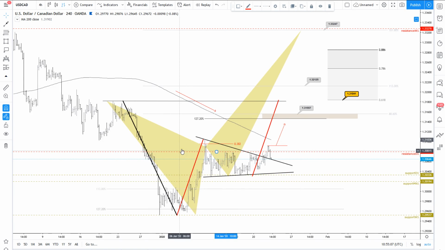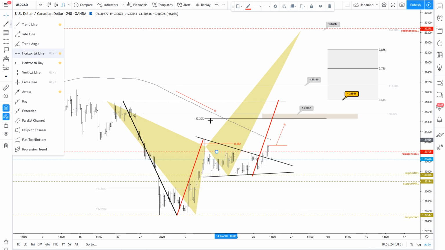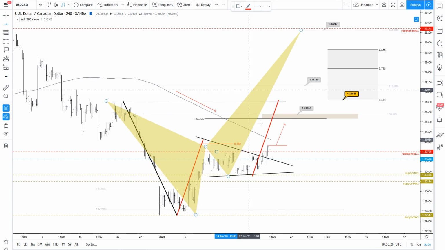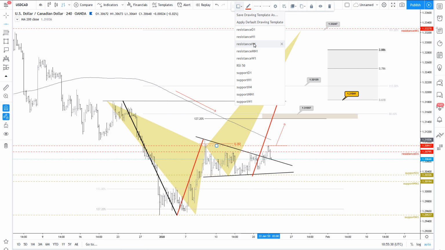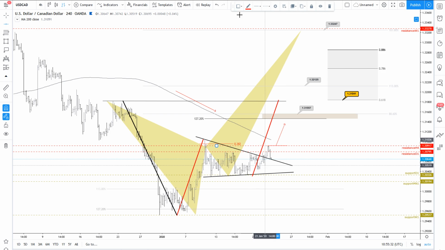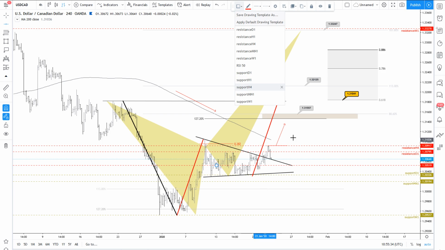Actually, I believe this is already the Canadian dollar. I believe we have, no, the daily fractal still positioned there. We have actually the 4 hours fractal support and resistance adjusted to the most recent highs. So we have the fractal resistance here and these previous lows as support.